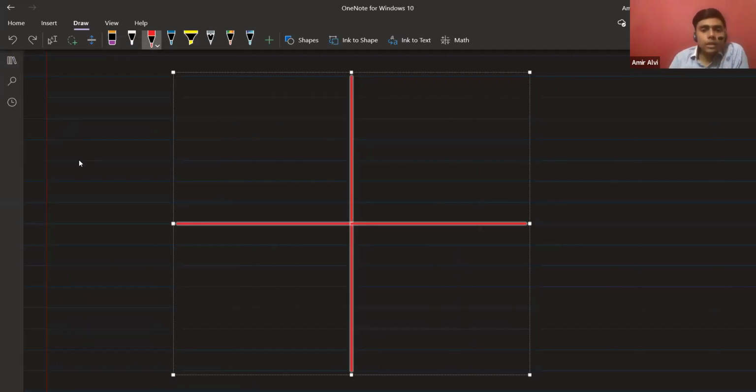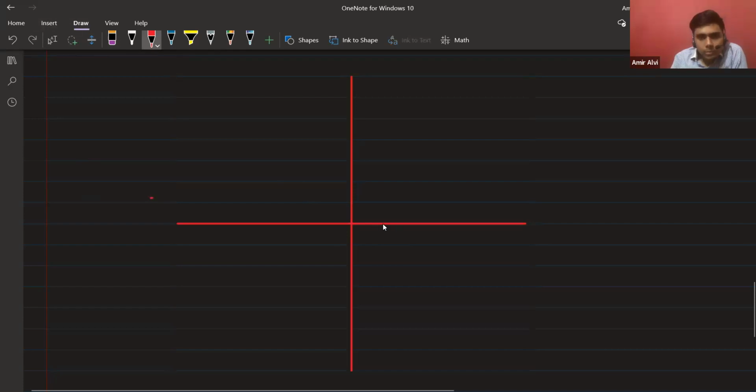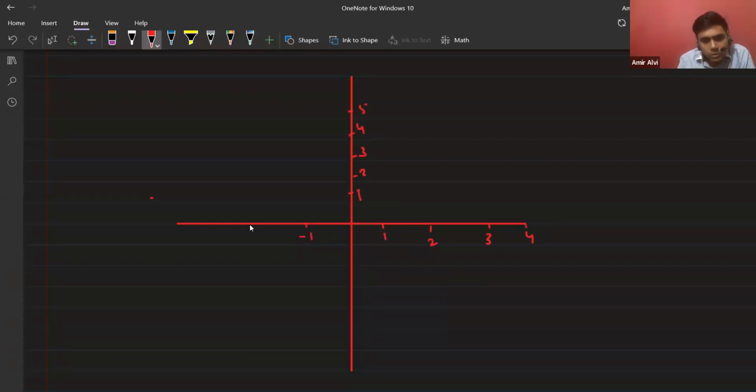Just a second. So it is a Cartesian plane here. Let me write down the points. Suppose this is 1, this is 2, this is 3, and this is 4, and -1, -2.